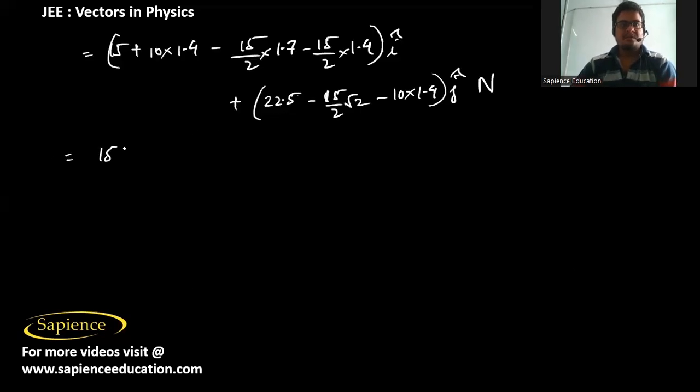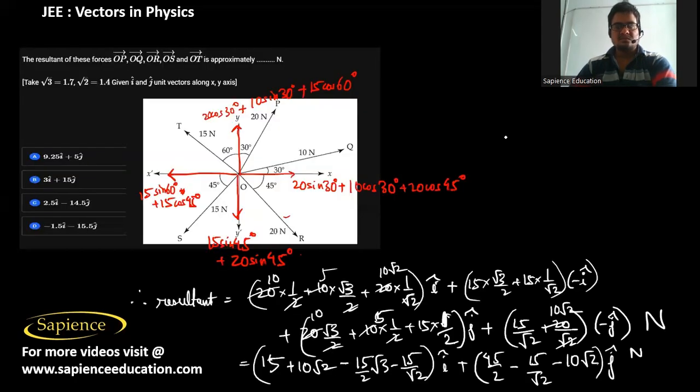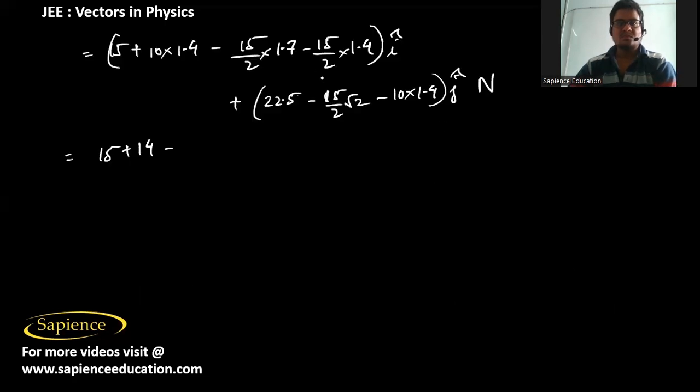This will be 15 plus 14 minus 15 by 2. So root 2, so 1.4 plus 1.7, that is 3.1.